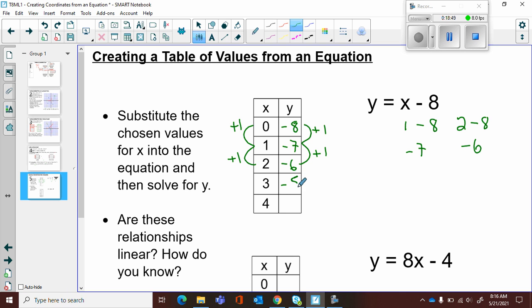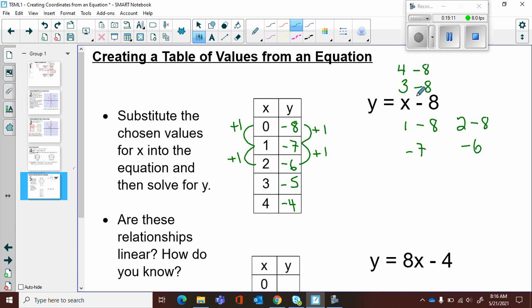So this would be negative 5, and this would be negative 4. And we could check those out. Let's put in, instead of x, a 3. 3 minus 8 is in fact negative 5. And 4 minus 8 is in fact negative 4.